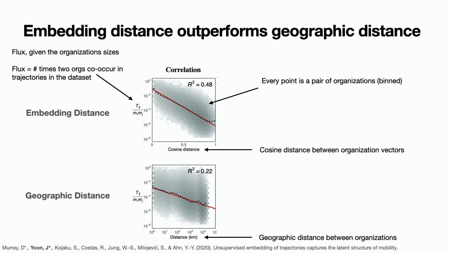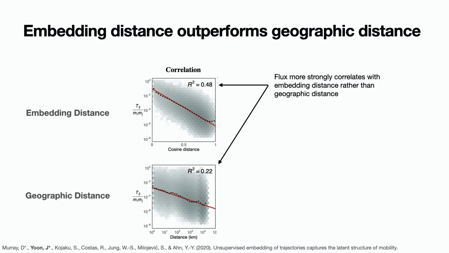The upper figure uses the cosine distance of the embedding vectors as the distance measure, while the bottom figure uses the geographical distance, and every point is a pair of organizations. We found that flux is strongly correlated with the embedding distance rather than the geographical distance in terms of a high R squared, which means that embedding can offer a functional distance between organizations.